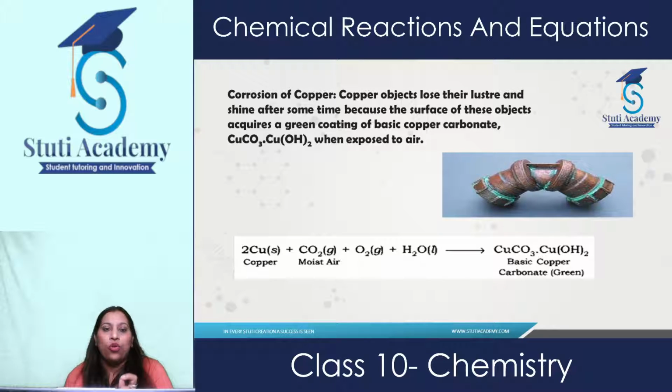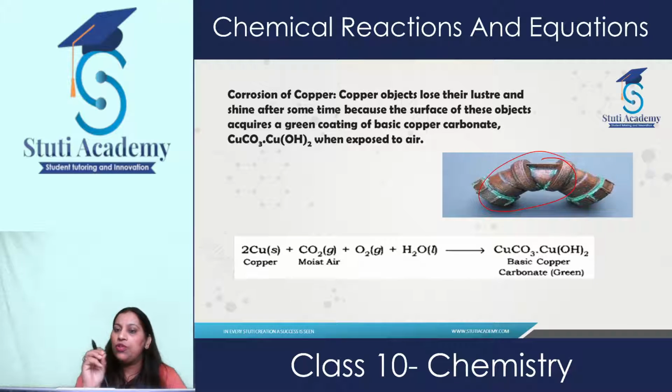And how does this corrosion of copper take place? I hope you people have observed whenever you keep any copper substance in an open atmosphere, somewhat greenish coating appears. This greenish coat which we observe on the metal or object is due to the corrosion.